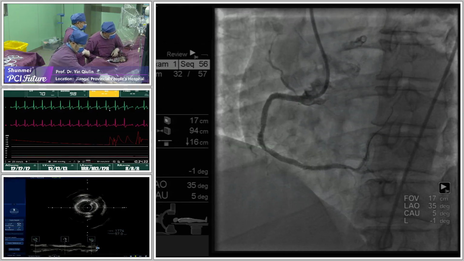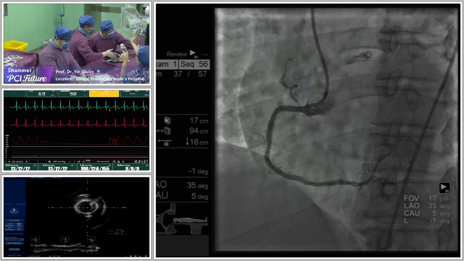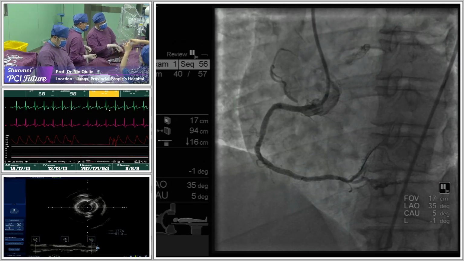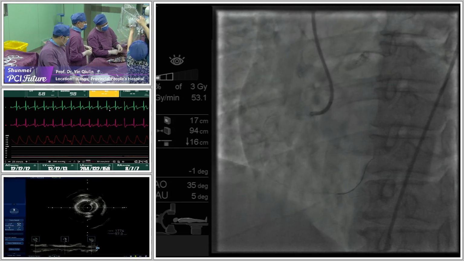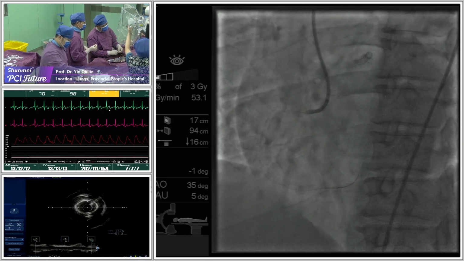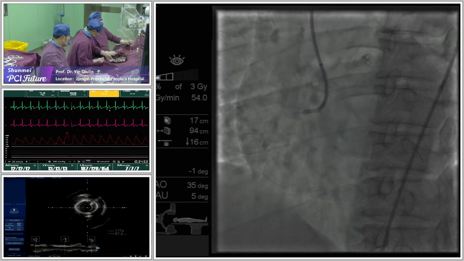Also, the 2 numbers are similar to the Medina format, but more specific. The second is that it is quantitative, so we can picture the lesion when we see the classification. It's very helpful.